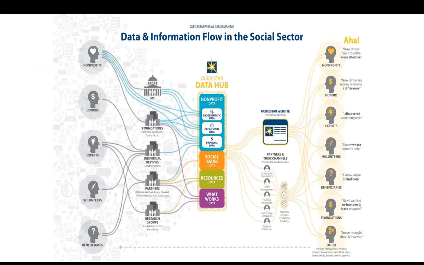So first, I just want to give you a bit of an overview of GuideStar itself and what makes us positioned to give you some advice around this. So at GuideStar, we think a lot about the data and information sector overall and the ways that pieces of information become knowledge for folks.